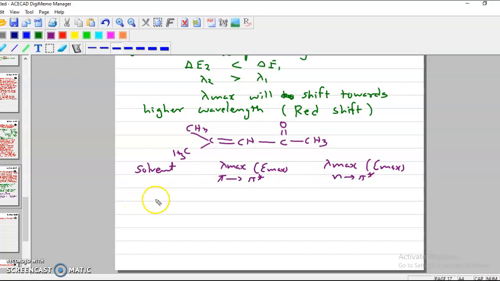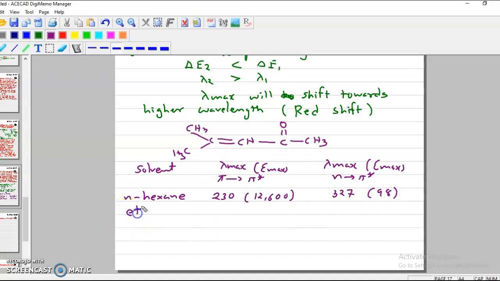When the solvent is normal hexane, lambda maxima for pi to pi star transition is 230 and epsilon is 12,600. For n to pi star it is 327 and epsilon maxima is 98.